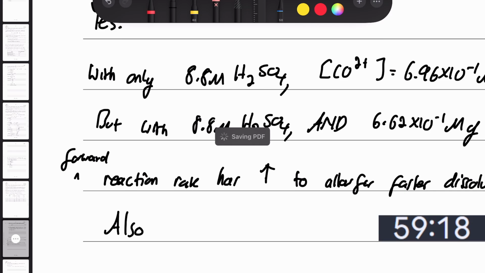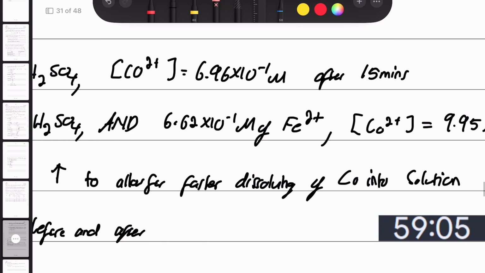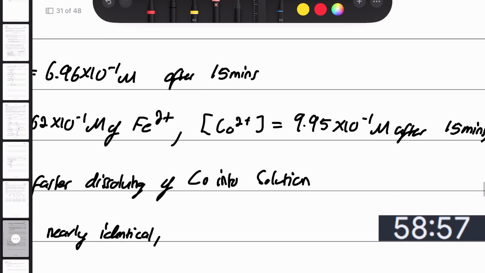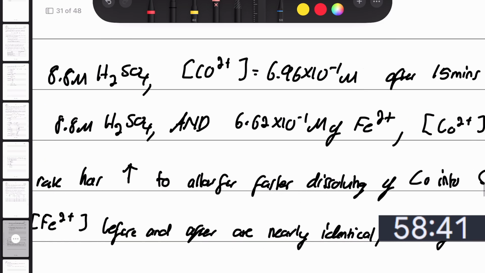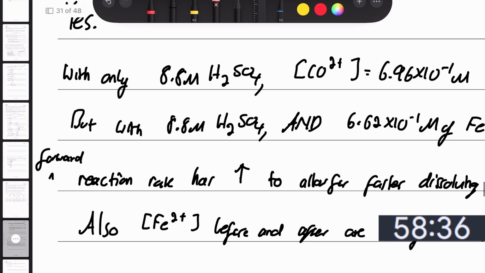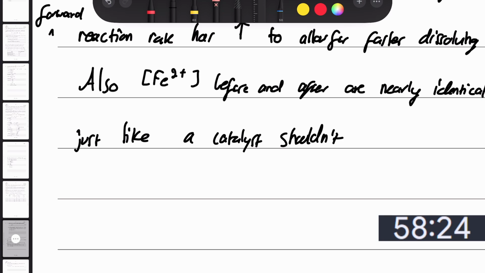Also, the concentration of Fe2+ before and after are nearly identical, indicating it wasn't consumed in the reaction, just like a catalyst shouldn't. Hence, Fe2+ catalyzes the reaction.